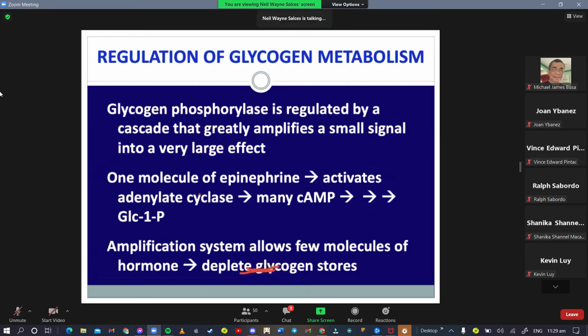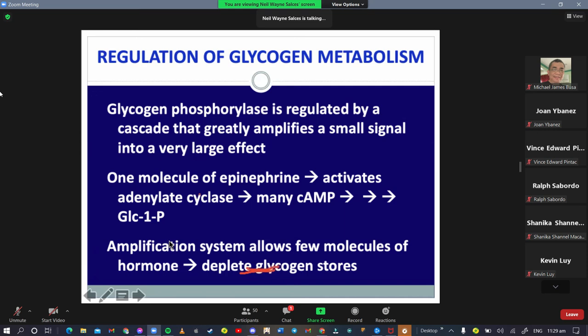Basically, your glycogen phosphorylase is regulated by a cascade that greatly amplifies a small signal into a very large effect. One molecule of epinephrine activates your adenylate cyclase, producing cAMP that activates or stimulates the phosphorylase cascade.